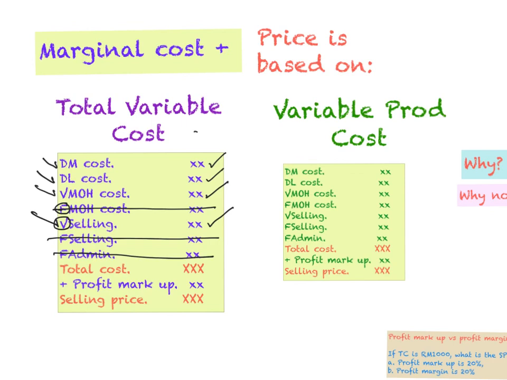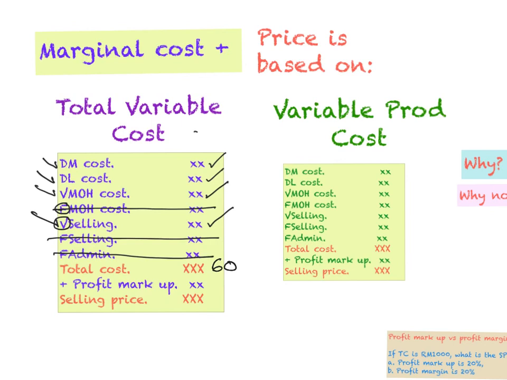Okay, so when you add up all these costs here, we are going to have 1, 2, 3, 4. So you are going to have the total cost here. So this one will be the total variable cost. Let's say in our example, our total variable cost is only 60. So how much will be our profit markup?